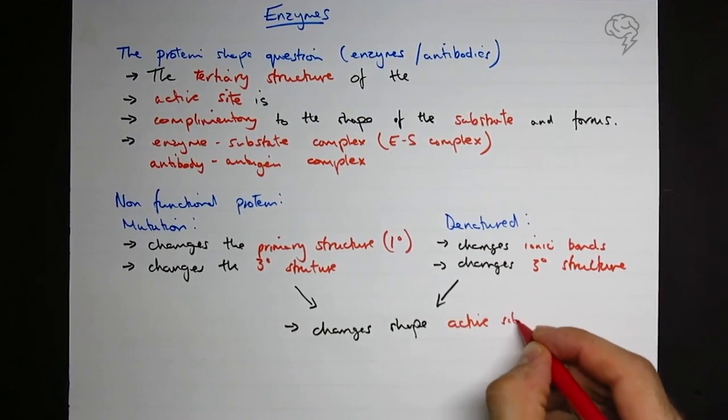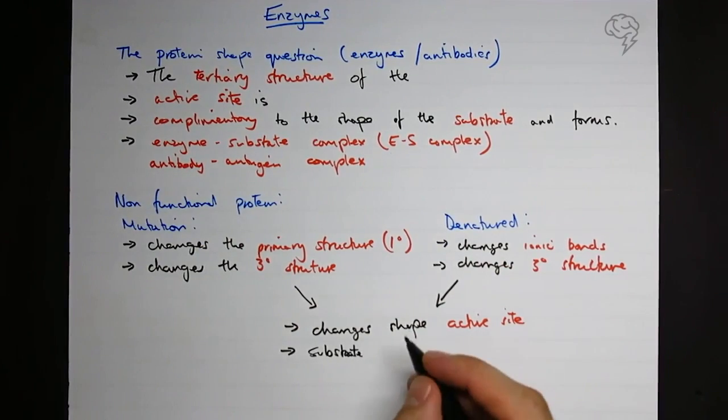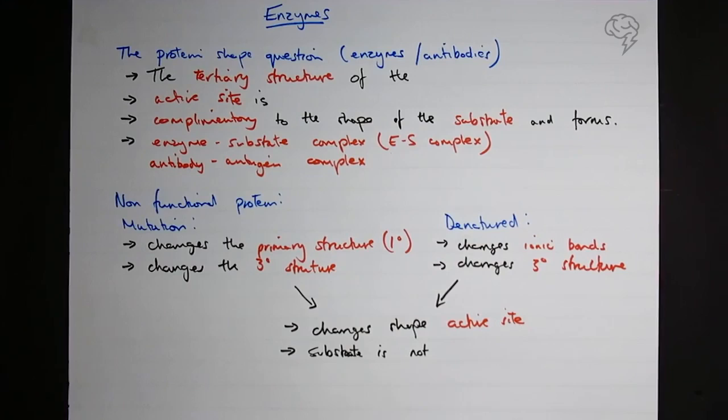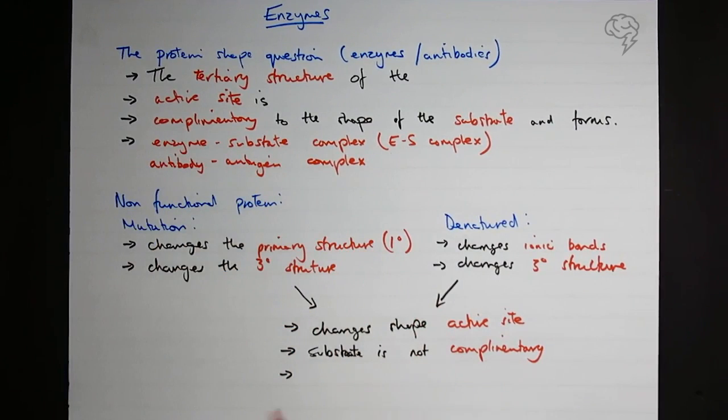Now we can see a pattern emerging. We've changed the shape of the active site. The substrate, excuse my handwriting, is not complementary anymore. And then finally, what do we need to say? We always need to mention the enzyme substrate complex. So I'm going to put it in capitals: no enzyme substrate complex. And that's why it's non-functional.